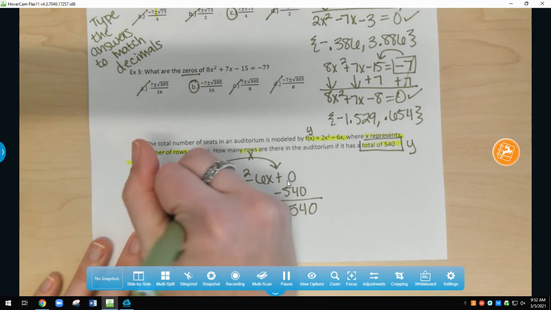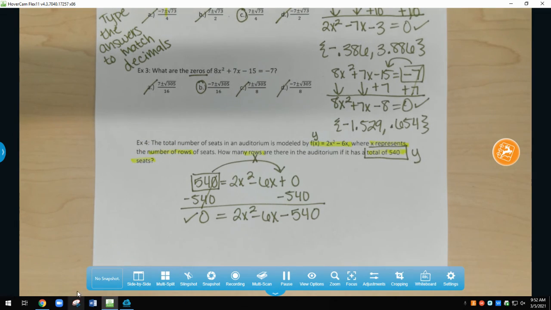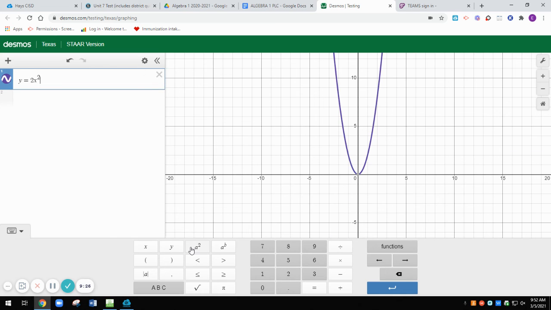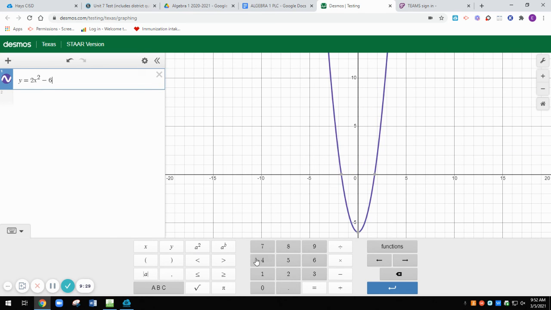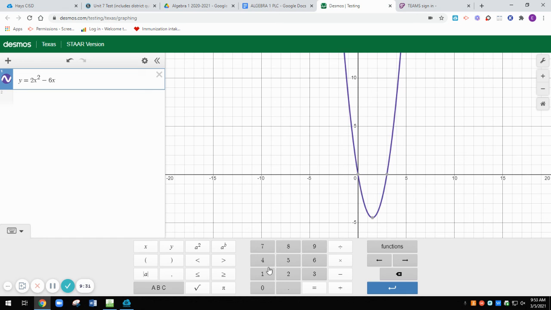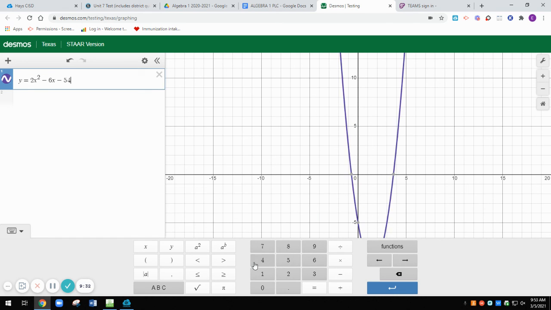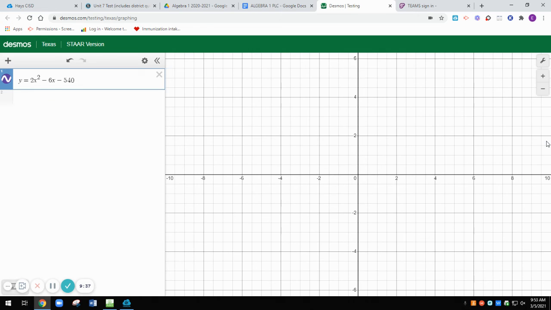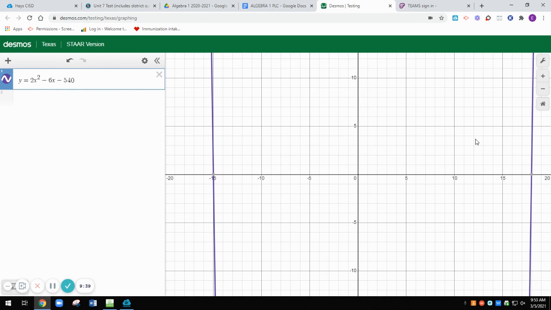Okay, so now this is Desmos ready. So we're going to go to Desmos. I'm going to type in y equals 2x squared minus 6x minus 540. Okay, on your screen originally it might look like this. Just zoom out. So our solutions are negative 15 and 18.